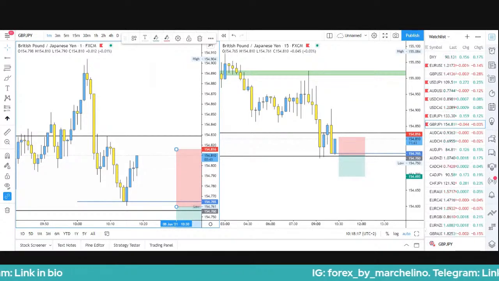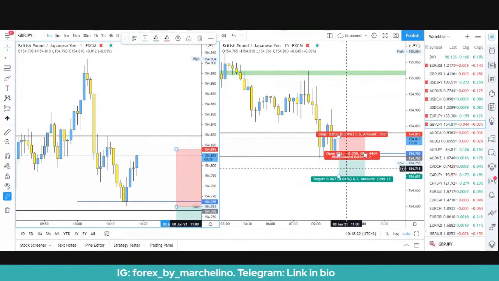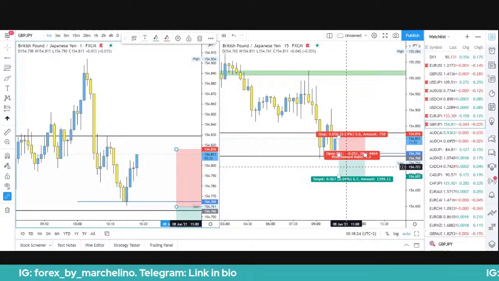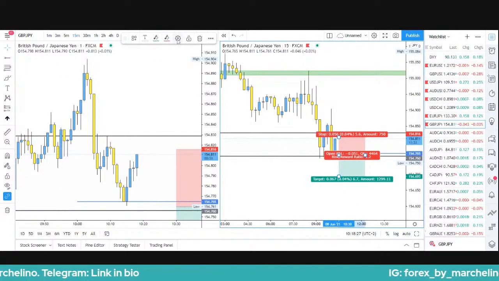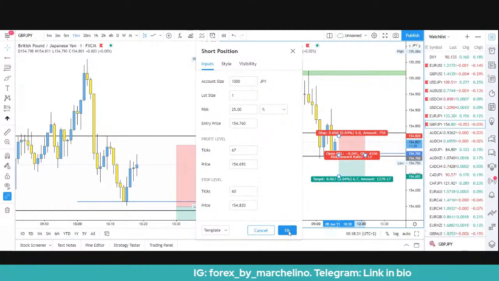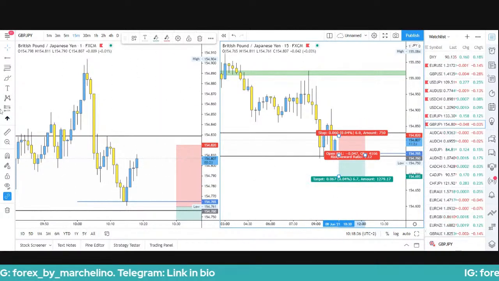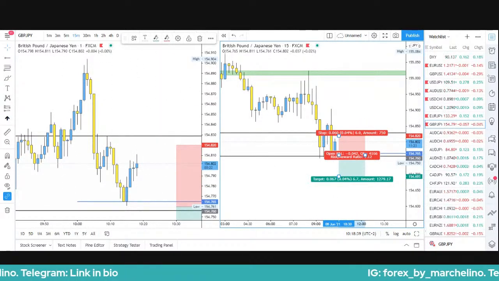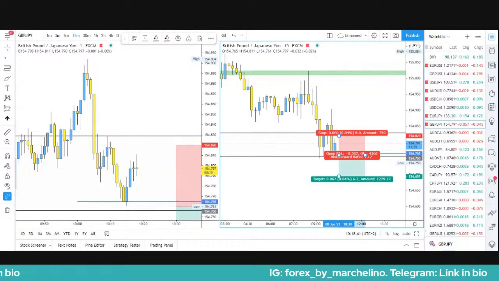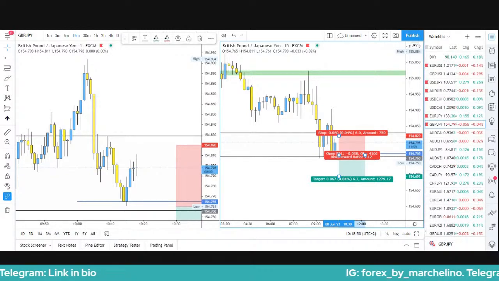Might be a bit touchy right here. That's 820. 1.4820. Okay, I think we can place this based on what the candles on the 1 minute are showing right now. So let's see how this plays out.